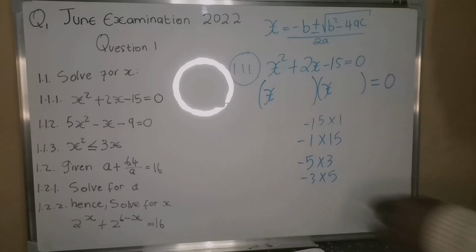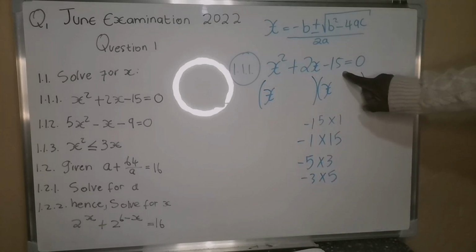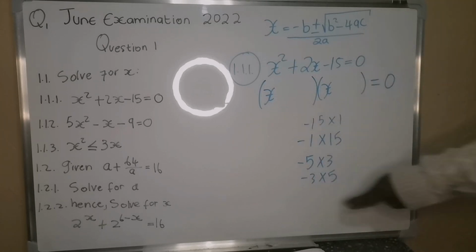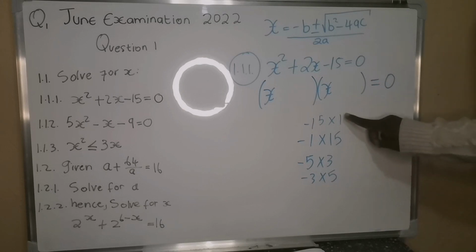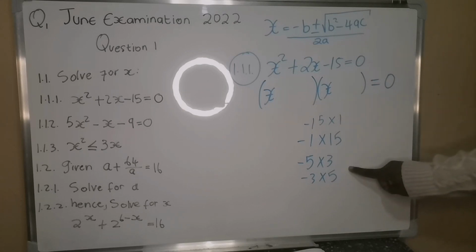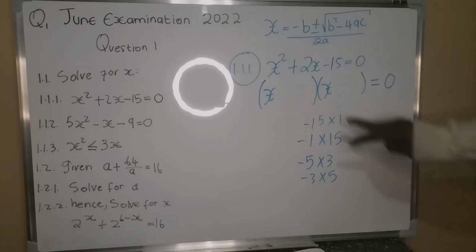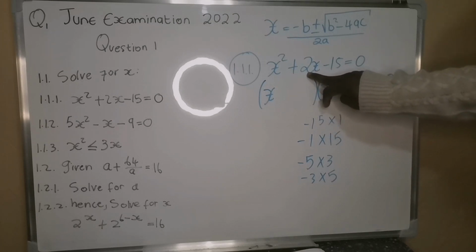All these give me negative 15. But from these four products, I need to know which pair of terms, when added, gives me positive 2.